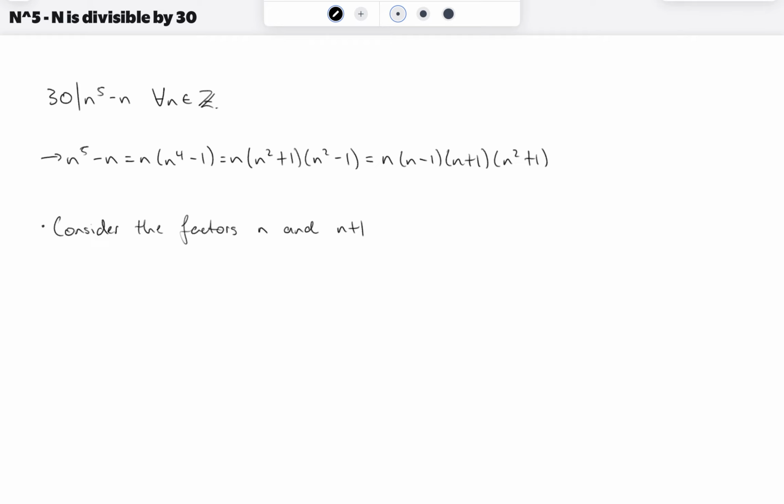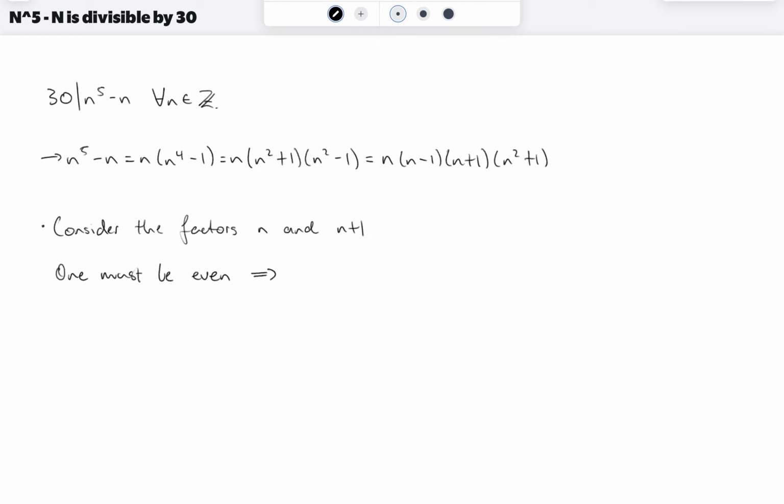What do we notice about these two factors? That they're consecutive, and so for any number n, you take the next one. So this guarantees that one of them must be even, whether it's n or n plus 1.